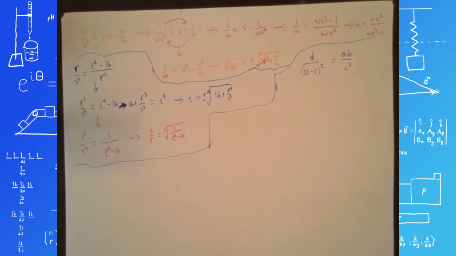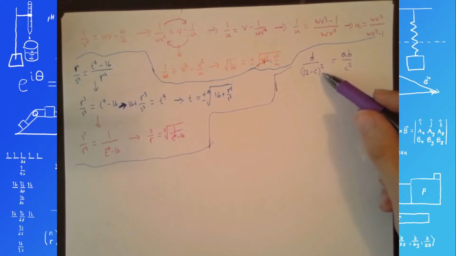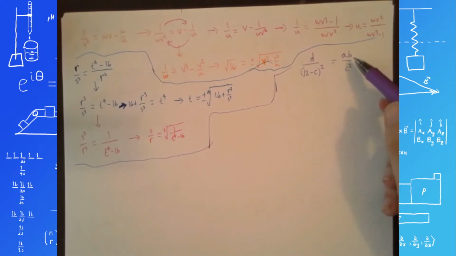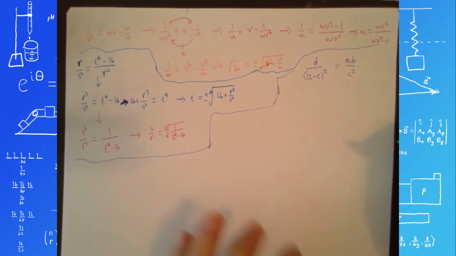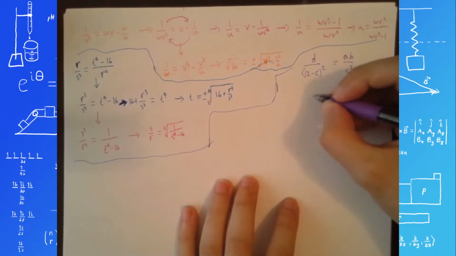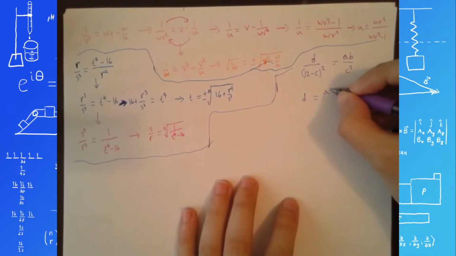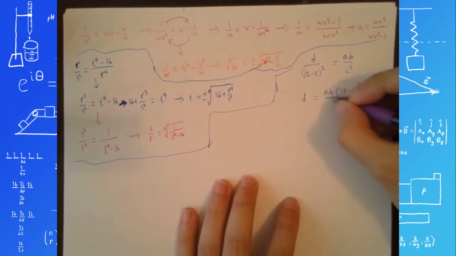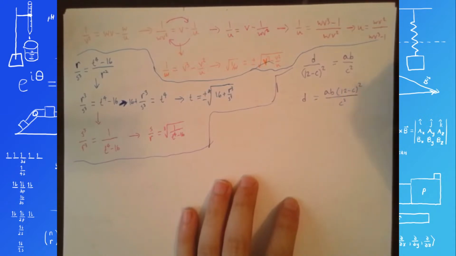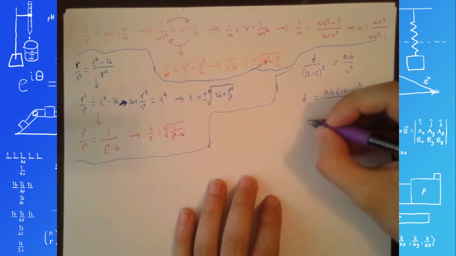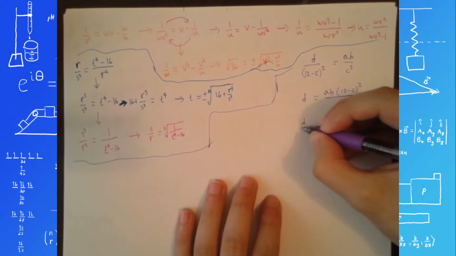Okay, I can just multiply by 12 minus c quantity squared over to the right and divide the b over to the left, and I'm done. So yeah, let's do that. So we've got d equals ab times 12 minus c squared over c squared, and then divide by b, and I've got d over b.